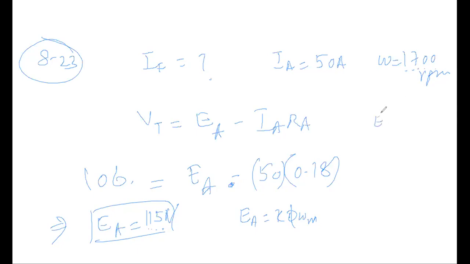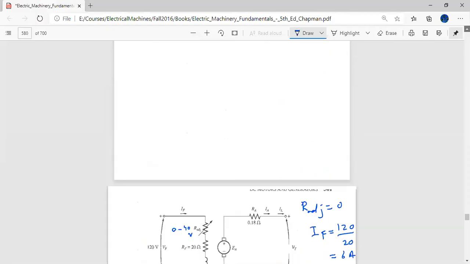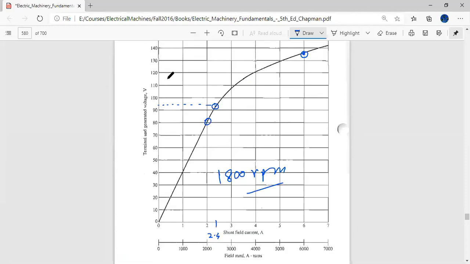Okay, let's find what is EA 115 at 1800 RPM. So we go to the graph at 1800 RPM. If EA is 115, how much is the IF? There it is. Okay, so if EA is 115 at 1800 RPM, how much is IF? IF is something like 3.5.